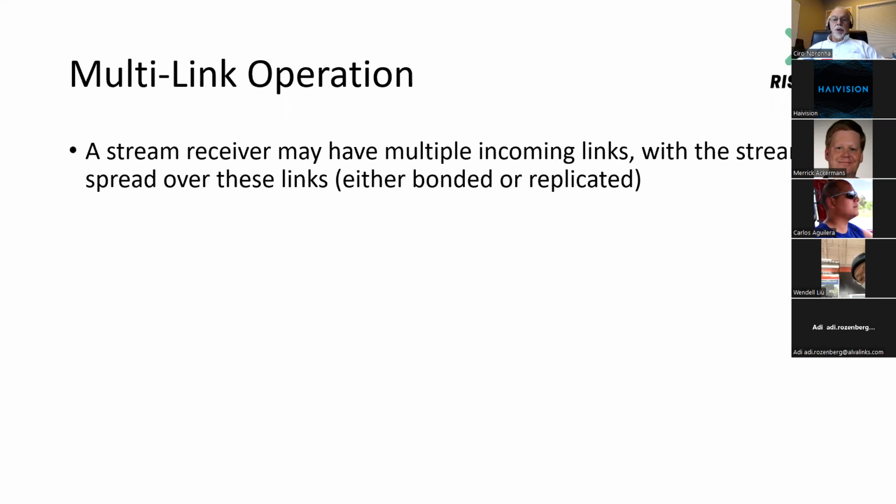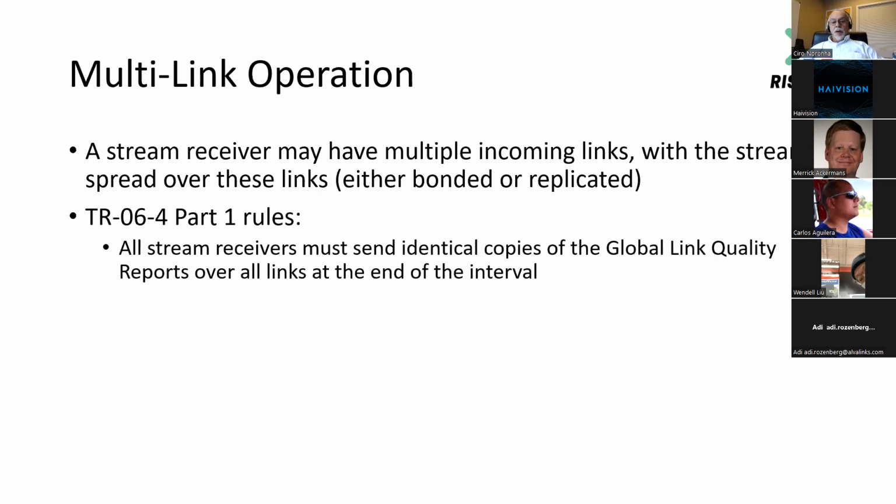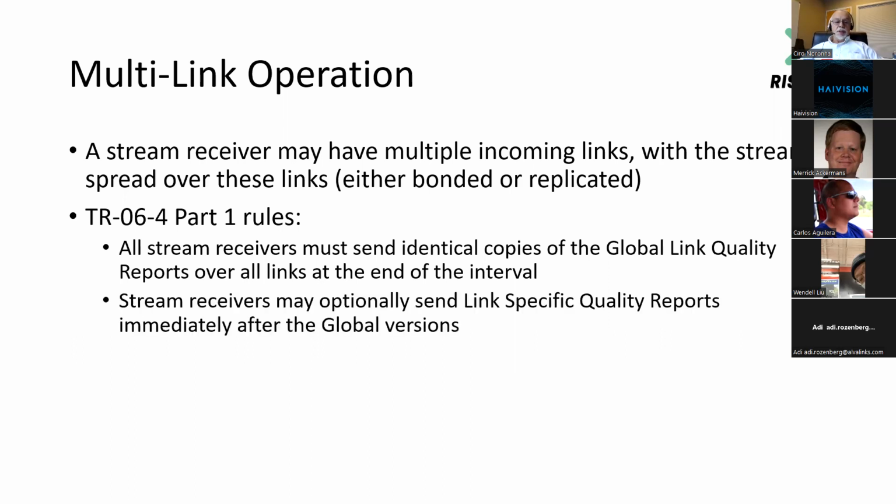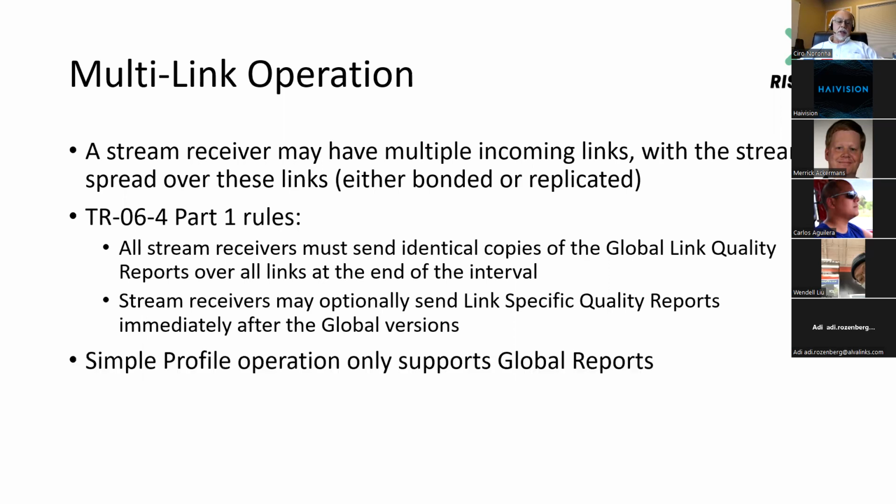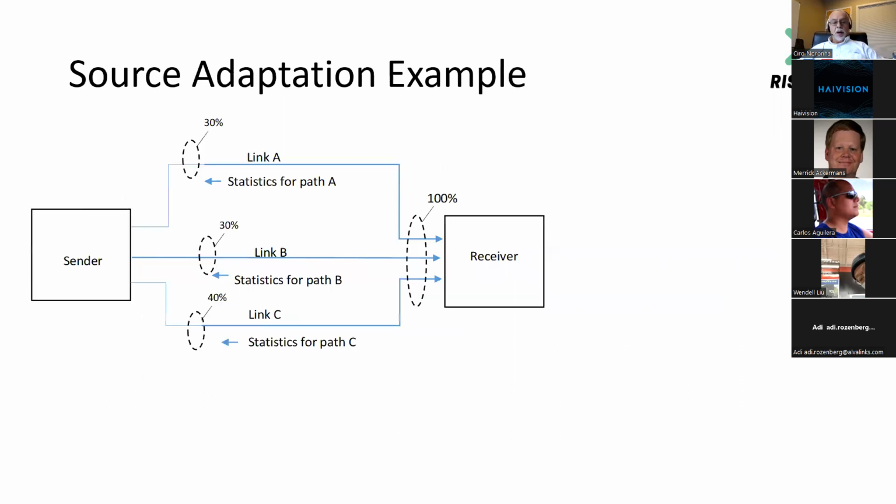So you may have multiple incoming links with the stream spread over these links, either bonded or replicated. So in TR-06-4 Part 1, you send identical copies of the global link quality reports, and then you can send link specific reports per link immediately after the global version. But only if you have Advanced Profile.